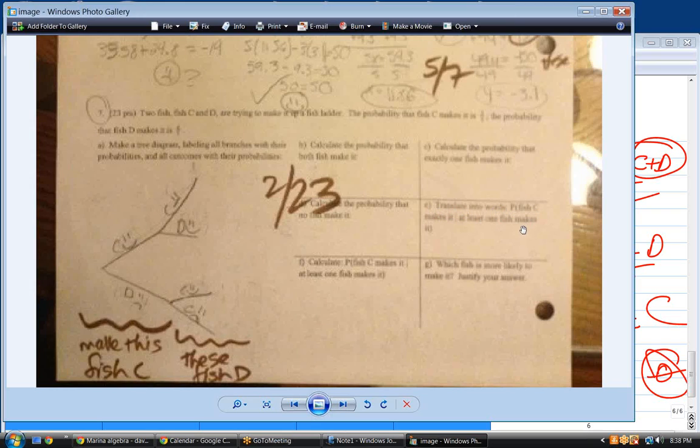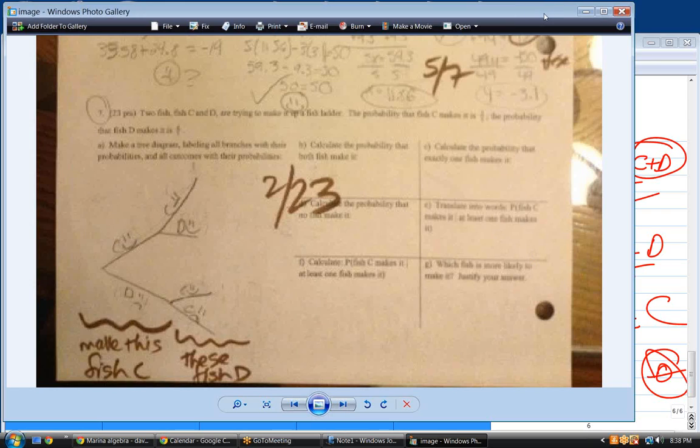It's like, translate into words: the probability of fish C making it, given that at least one fish makes it.